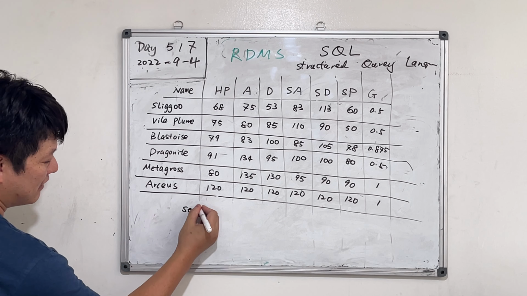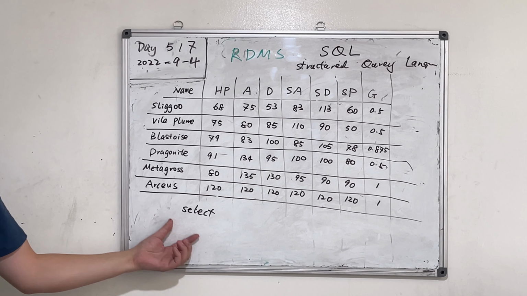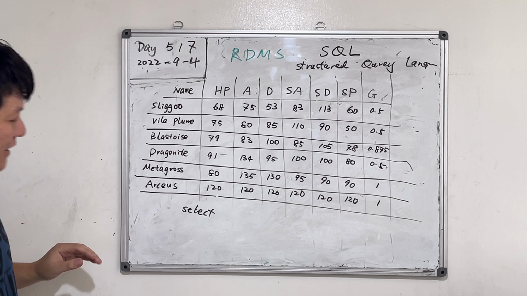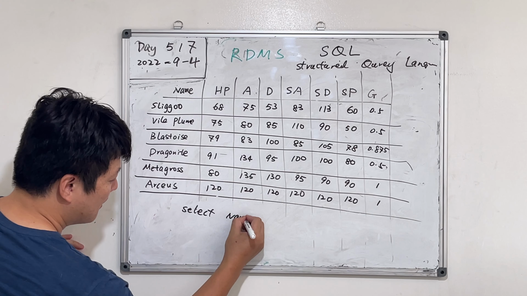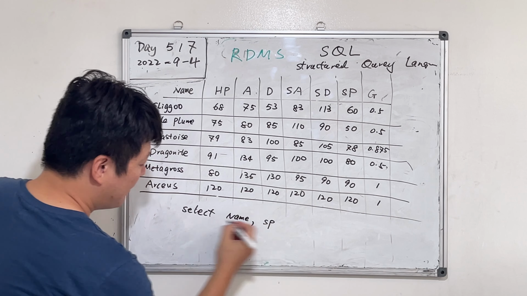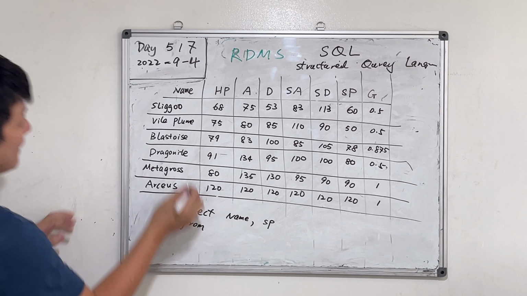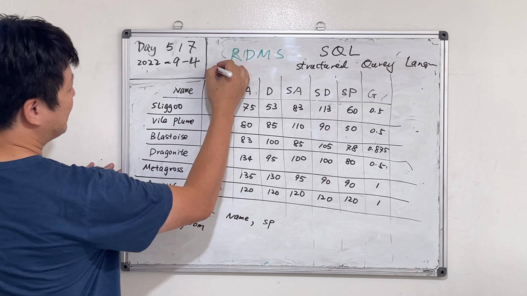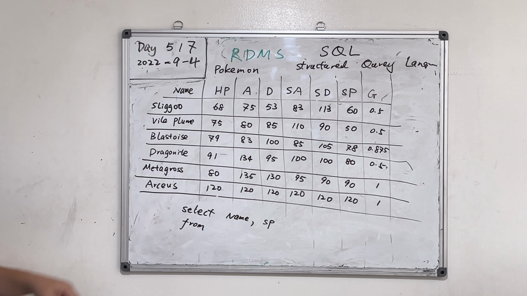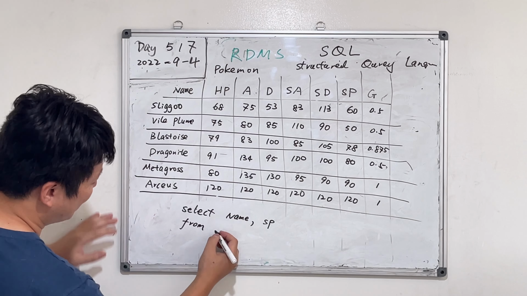We can ask the computer to do this with select. We can select the column, select the name. Let's say select the name, comma, and speed from this table. Let's say this table name is Pokemon.